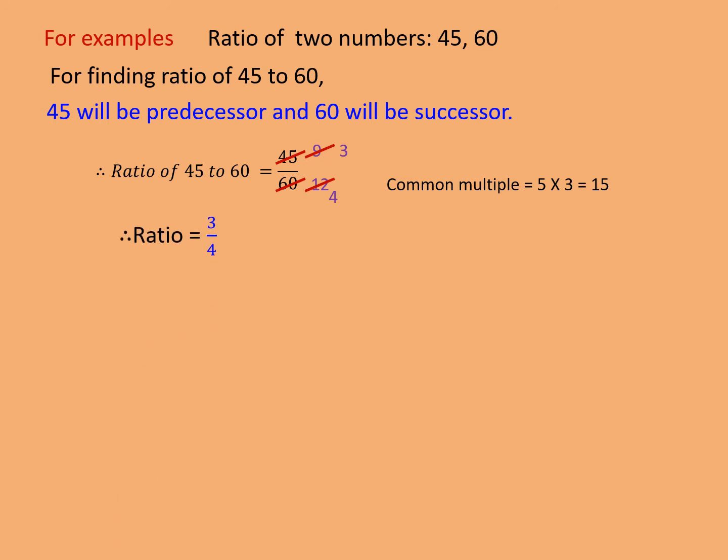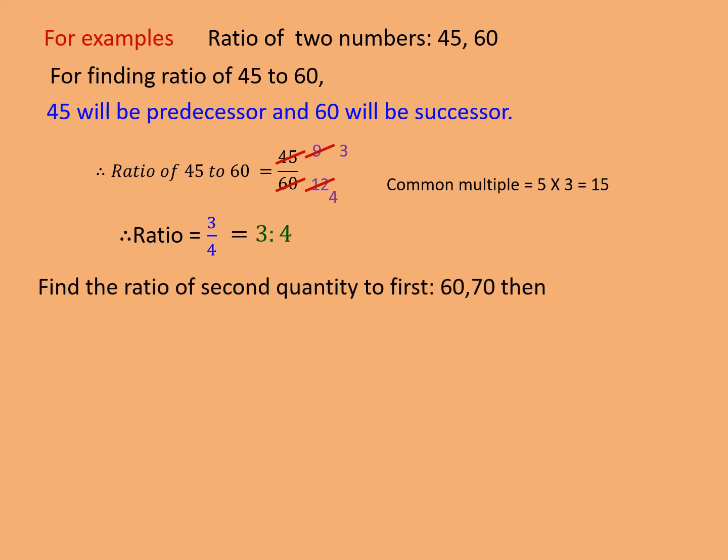Clear? So the ratio will be equal to 3 upon 4. When we remove all the common multiples from the given two numbers, they are converted into a ratio, which can be written either as 3 upon 4 or as 3:4.